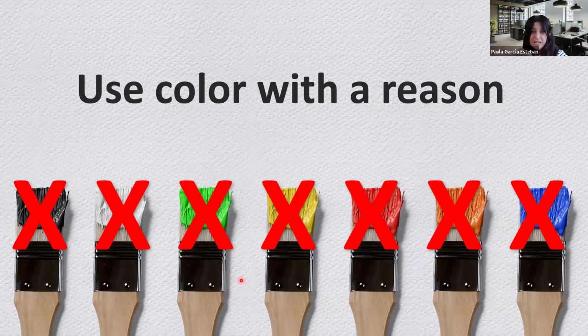We cannot use yellow and then put white letters. You cannot see it. Maybe yes, you can, but you really need to make a lot of effort. So use color always with a reason, and taking into account we need to create something that is very easy to read for every single user, okay? With disabilities or not.